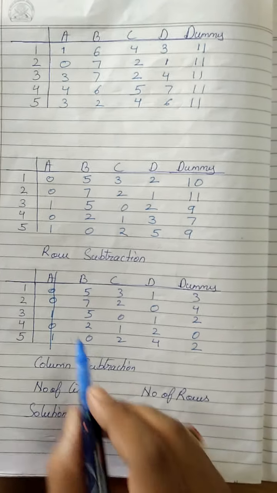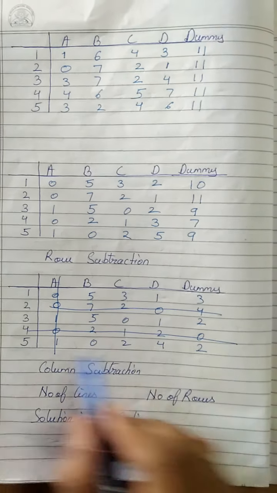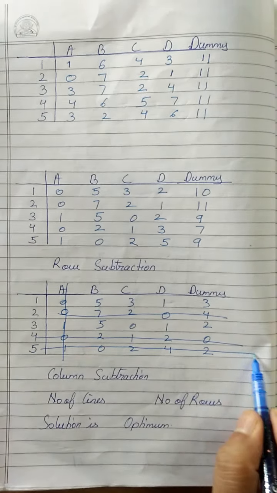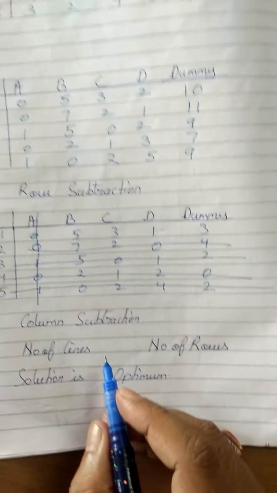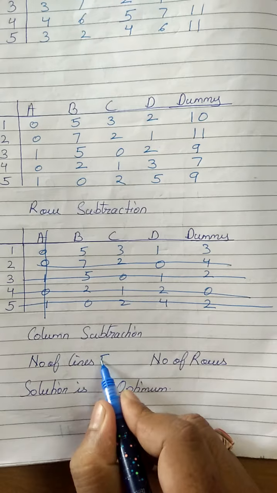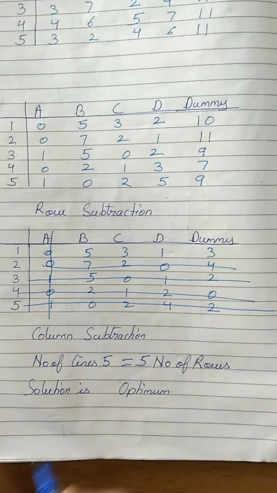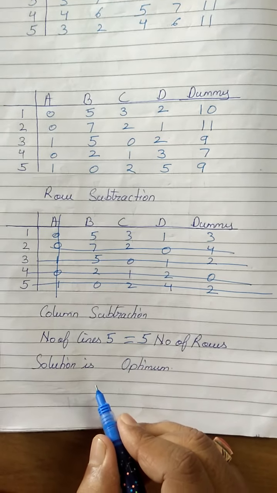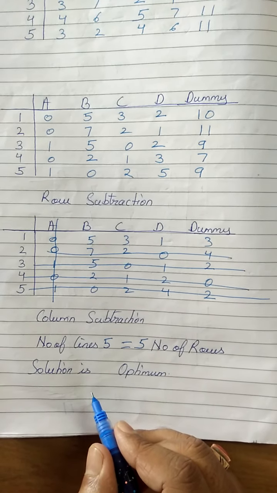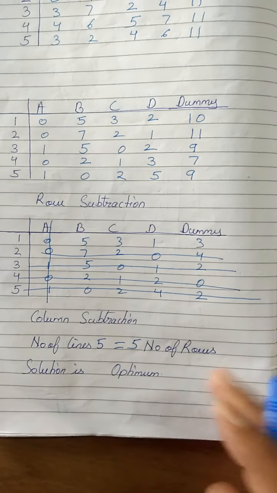No. So only single zeros are there, so we draw the lines. How many lines do we get? The number of lines drawn is 5. The number of rows is 5. This means they are equal, so the solution is optimum. Now we can go for assignment.